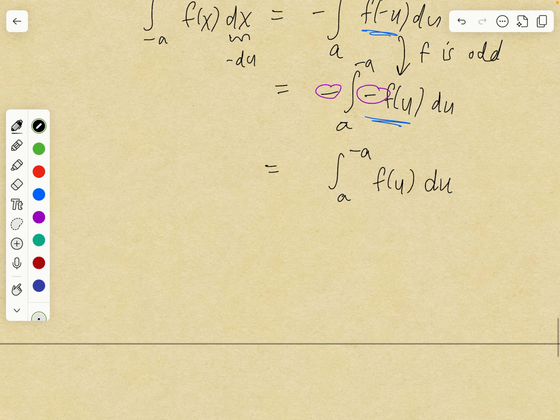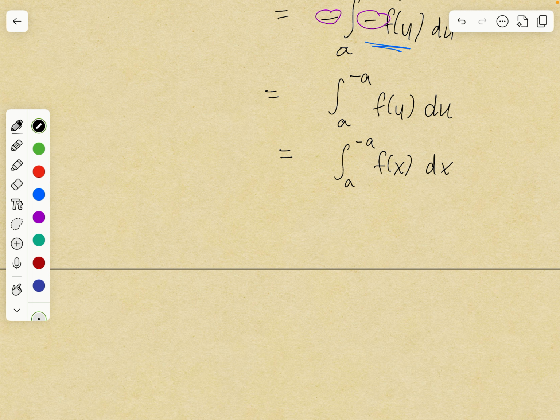Okay, finally, I can rewrite this as the integral of f of x dx, for the same reason as before, that it doesn't matter what letter I use for the independent variable when I'm doing a definite integral. And then the last step is to reverse the bounds of integration.